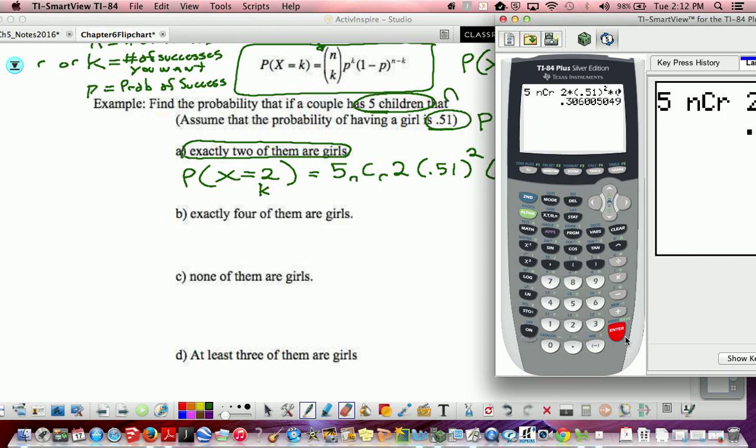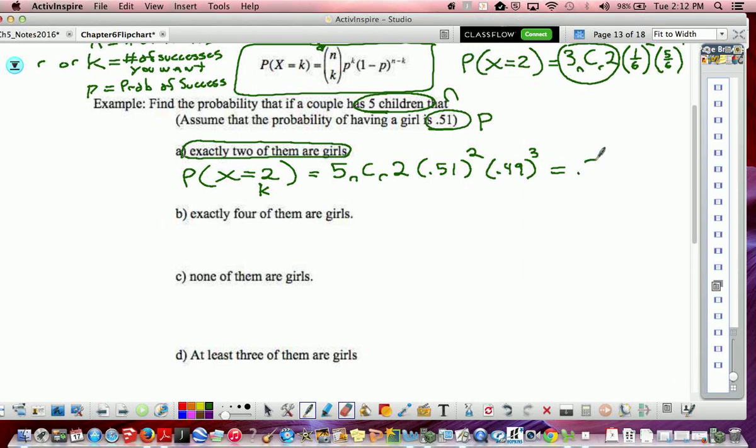We hit enter, and voila, 0.3060. So the probability that this family has exactly 2 girls out of 5 kids is 0.3060.